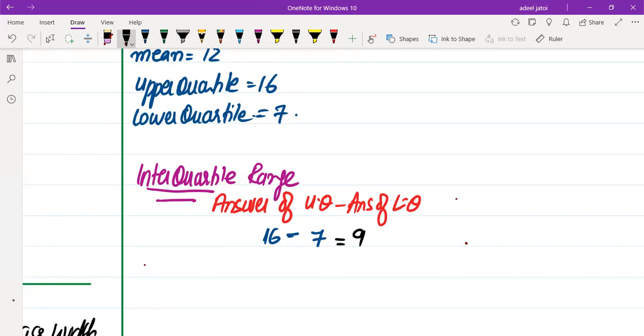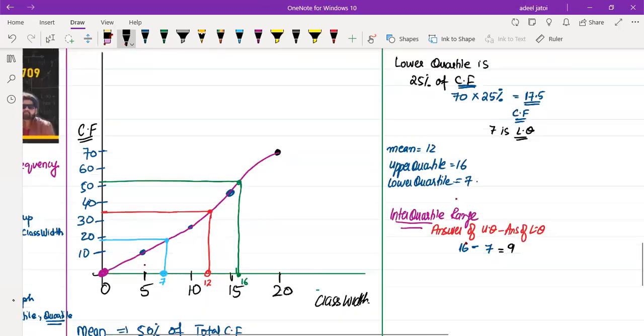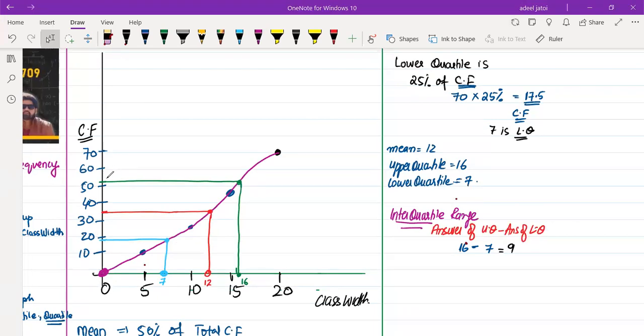So what does this elaborate? The curve represents the higher side values. That means this represents more than 75% of the data, and this represents less than 25% of the data. Whereas the part between the upper quartile and the lower quartile is the middle 50% of the data. Remember, this 50% is not the mean. The interquartile range is the middle of the entire data that you have.